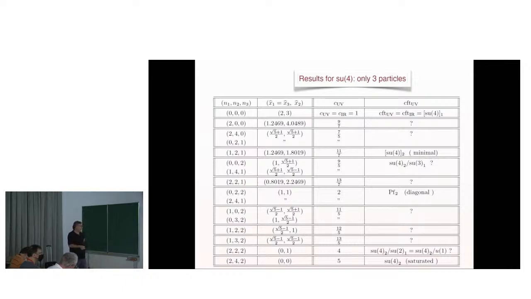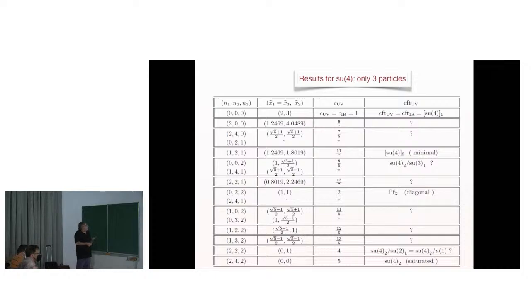For example, we're guessing SU4 level 2 mod SU2 level 1. That has the right central charge here. This one too, this coset has the right central charge. The solutions to the plateau equations here are relatively simple. They just involve the golden mean compared to these other ones.